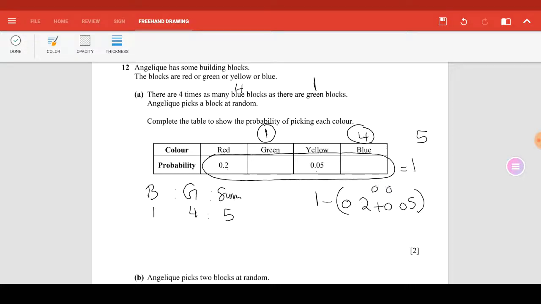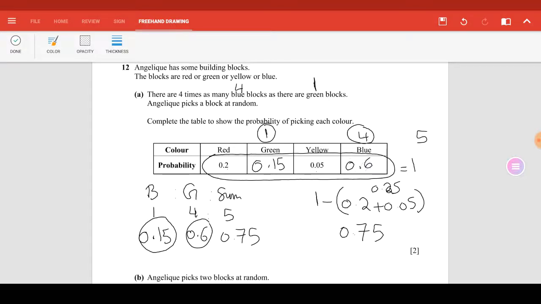This is 0.25. The answer will be 0.75. So the total is 0.75. When you divide it by 5, it will give you 0.15. So each part is 0.15, and the 4 parts would be 0.60, which is 0.6. So the answer is 0.15 for the green and 0.6 for the blue.